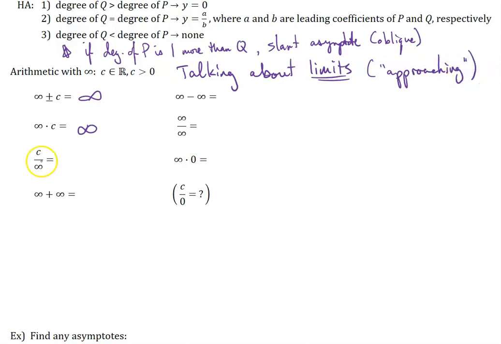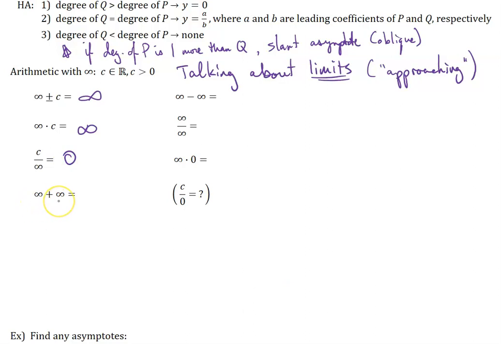Infinity is not a tangible finite number, so we can't divide by actual infinity, but we can look at what happens as we approach infinity when we're dividing a constant. Any number I divide by a larger and larger number, my quotient gets smaller and smaller, so this approaches 0, okay?